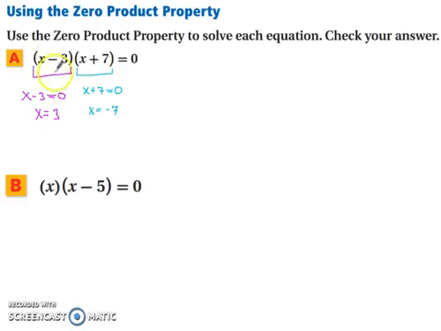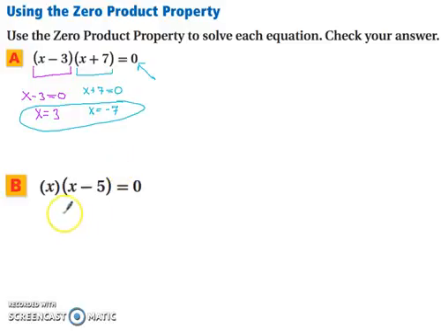So your first quantity could have been 0 or your second quantity could have been 0, and you still would have ended up with a 0 in the end. So therefore, the zeros are 3 and negative 7.